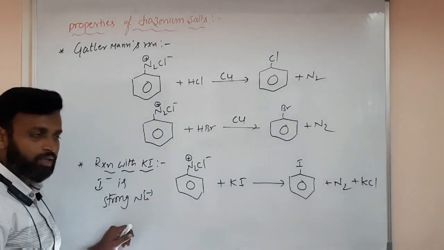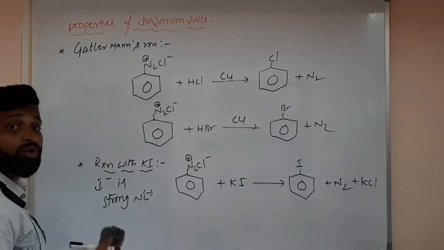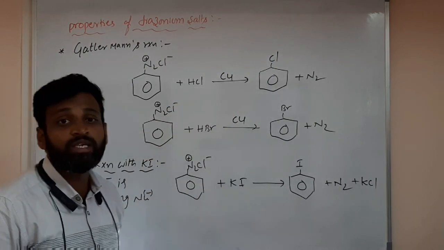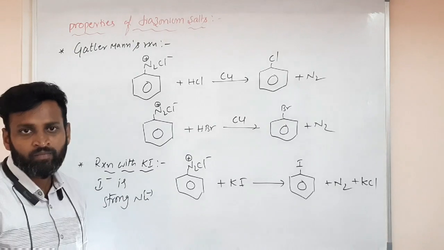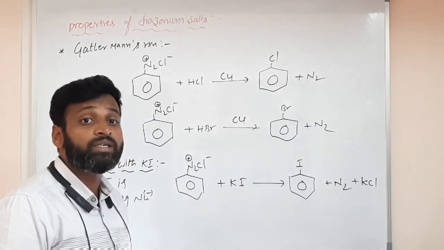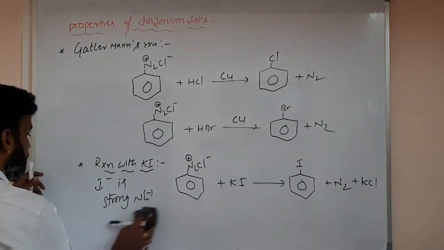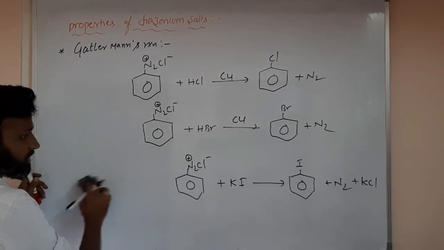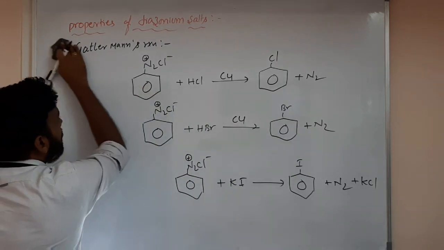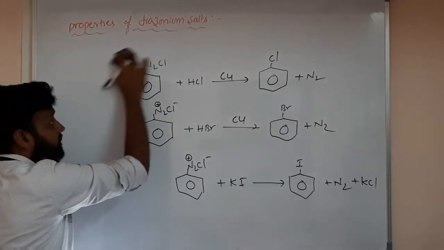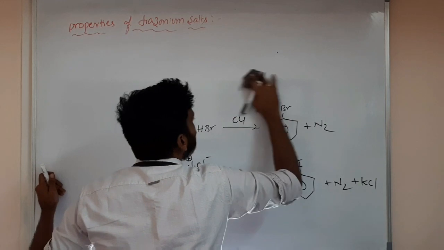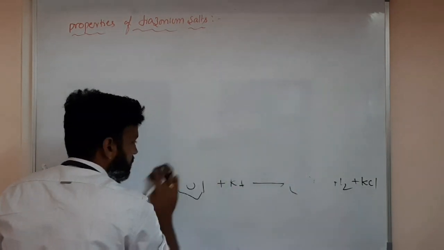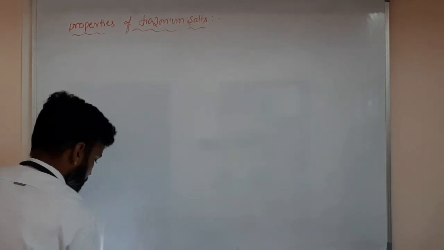If you want fluorobenzene, then instead of all these things, we have to use HBF4, tetrafluoroborate. So better know all these things with KI and with copper and HCl, the Gattermann reaction.